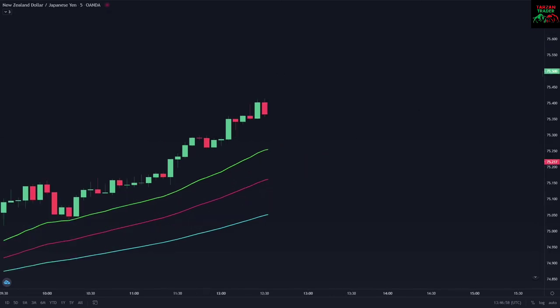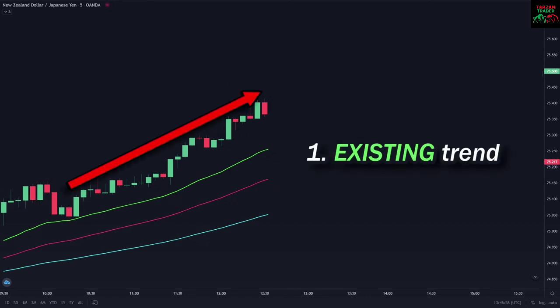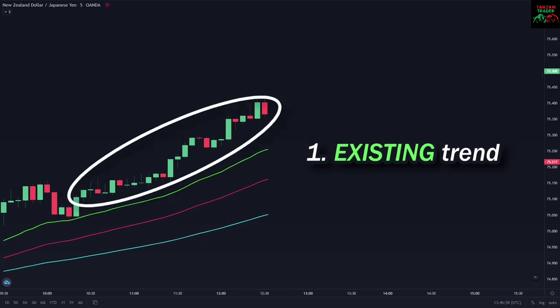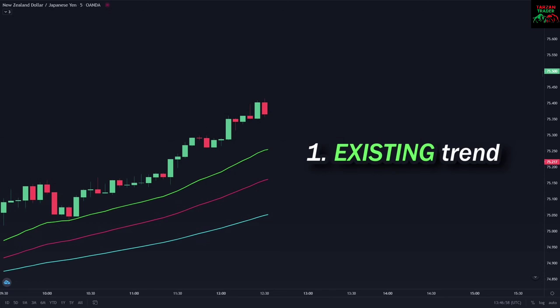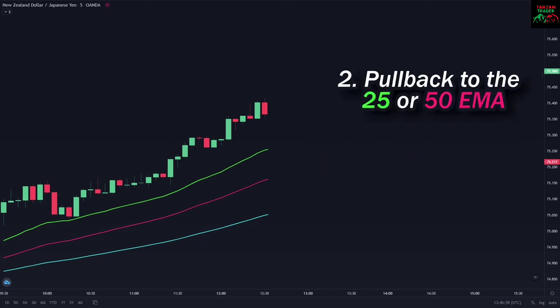So, here's an example of the strategy in action. In this chart, we can see that the market is currently on an uptrend as shown by all three EMA heading upwards, while all the candles are above the EMA. Next, we are waiting for a pullback towards the 25 or 50 EMA. But remember, it must not cross below the 100 EMA.